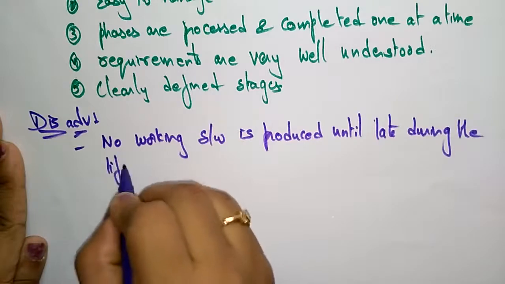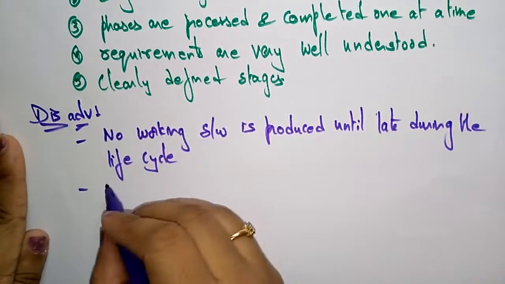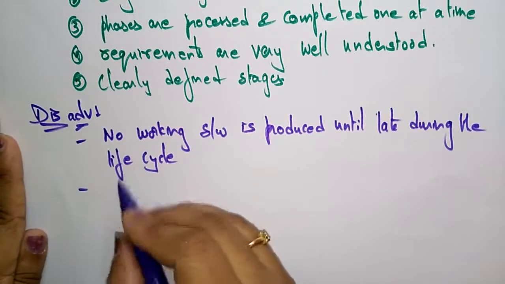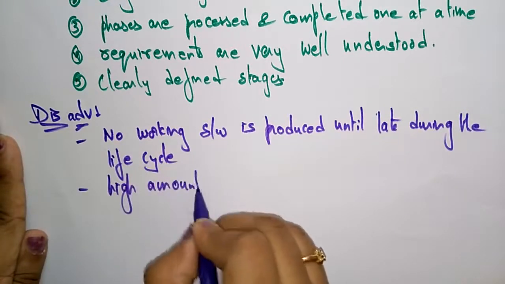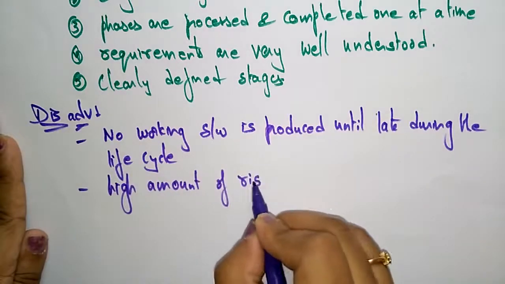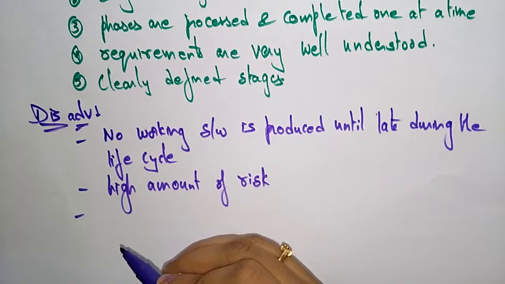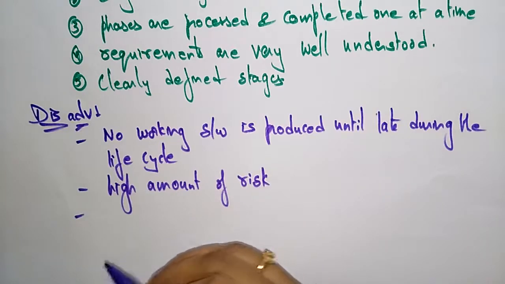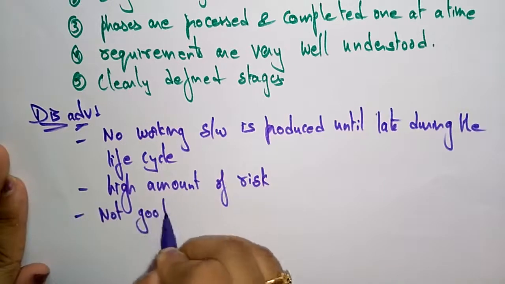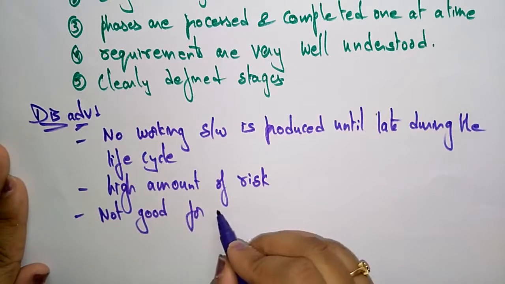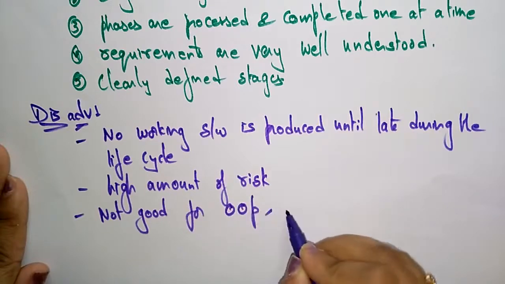If you follow the waterfall model, this is a problem you come across, and a high amount of risk and uncertainty will be there. It is not a good model for complex and object oriented programs.